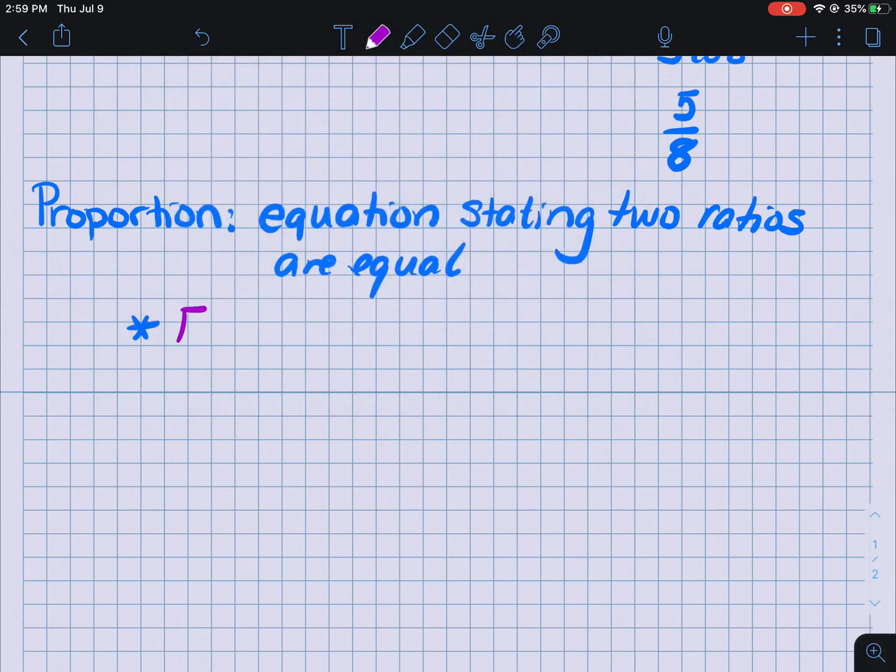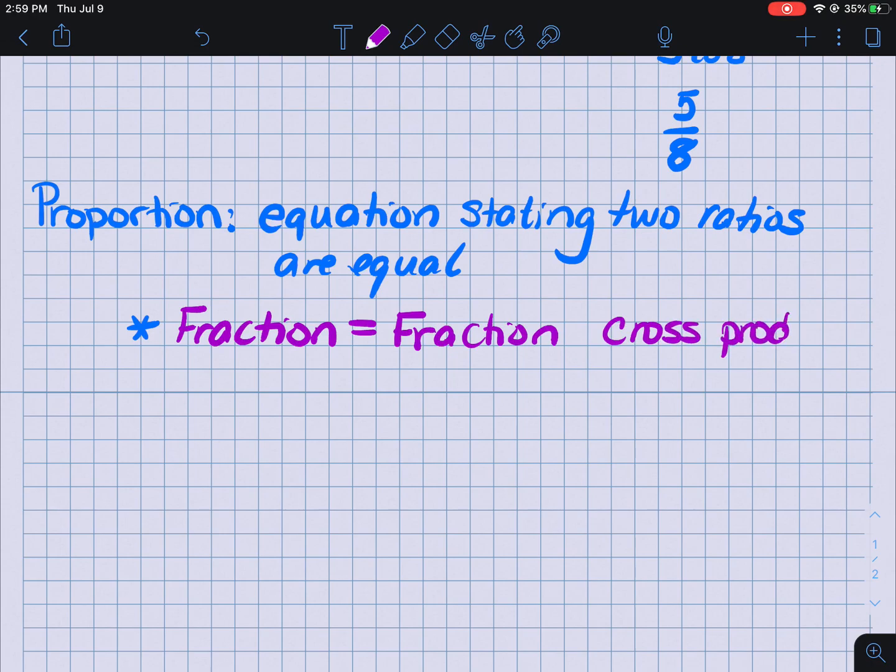People love to use cross multiplication. But the only time you can use cross multiplication is if we have a fraction equal to a fraction. Then we can use cross product. You cannot use cross product in any other situation. Not to find common denominators, not to add fractions. It's only if you have a full fraction equal to a full fraction.